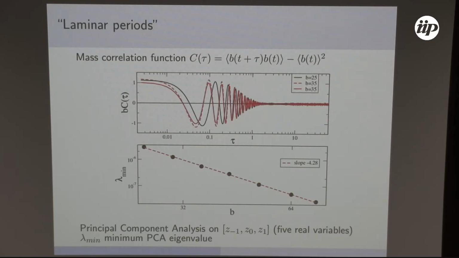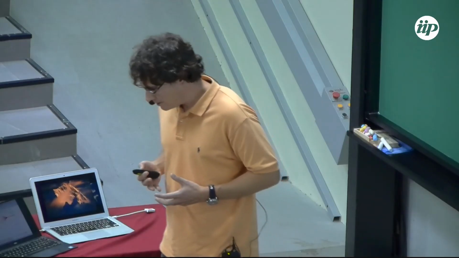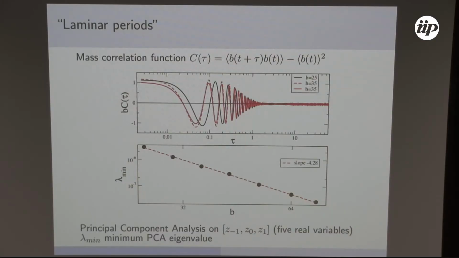I want to really understand why the breather does not relax. So here I'm considering three sites where the breather is on site 0, and they correspond to 5 real variables, and I compute a correlation function.